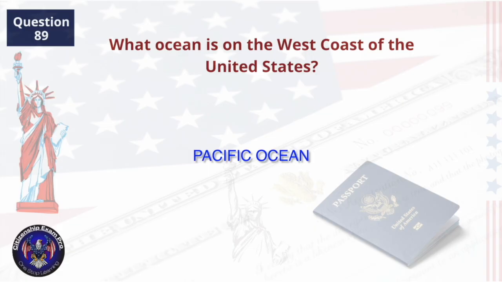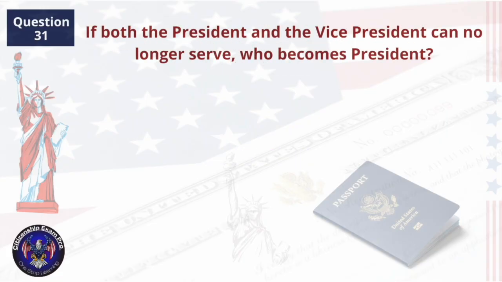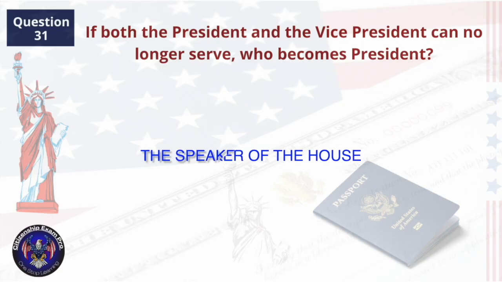Pacific Ocean. If both the president and the vice president can no longer serve, who becomes president? The Speaker of the House.